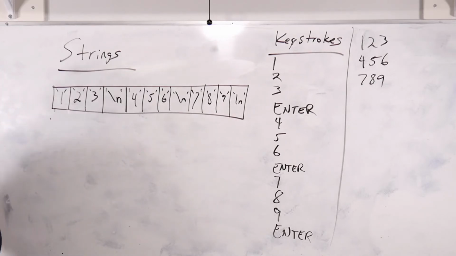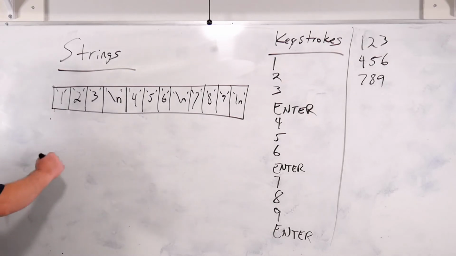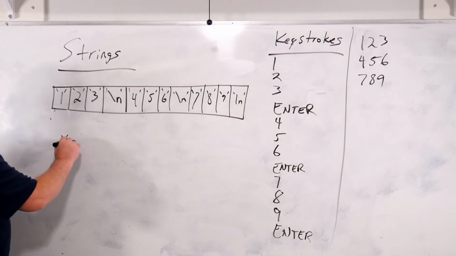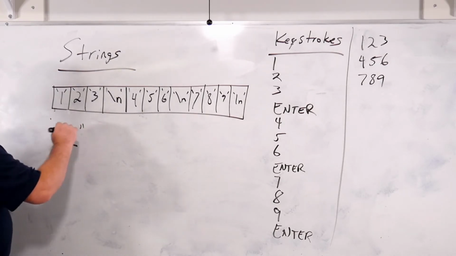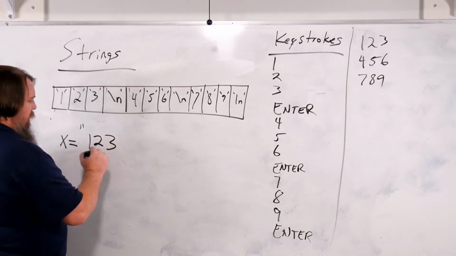All right. So if this is drawing it out as an array, how can we create a variable like this? We can say x equals string 1, 2, 3.